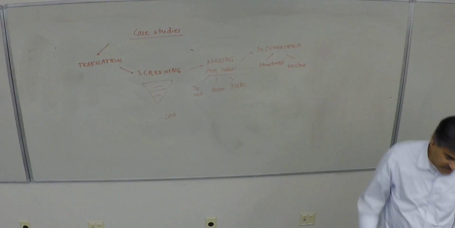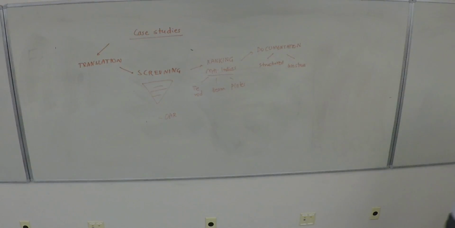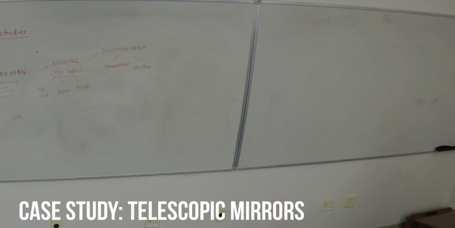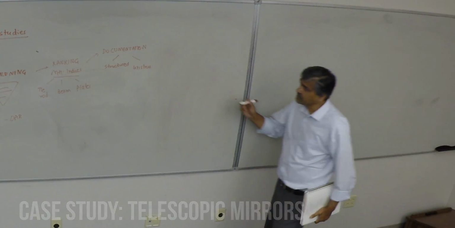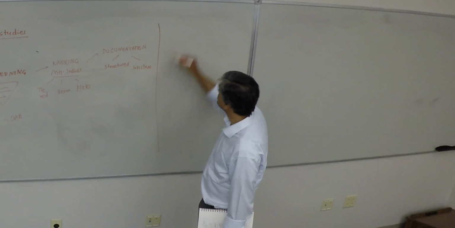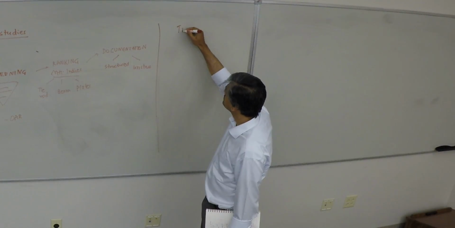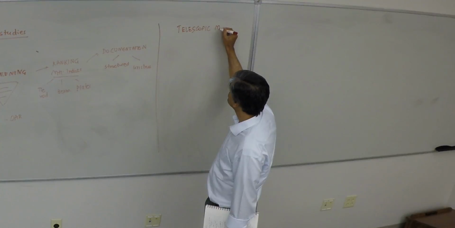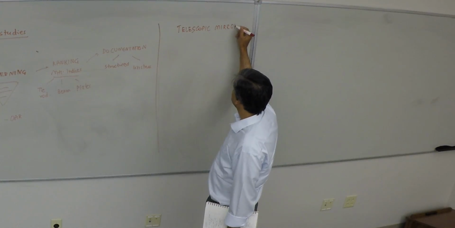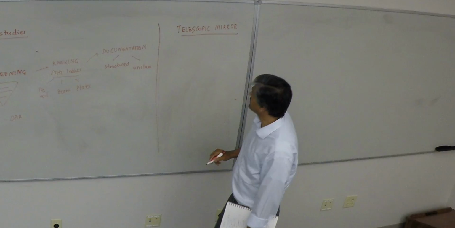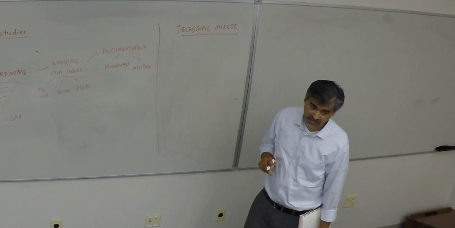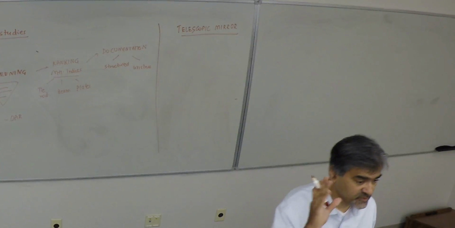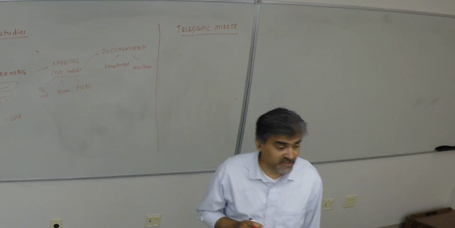This application is an interesting one. It's around very large telescopic mirrors, the mirrors you see at very large observatories, where people go up the mountains to do deep star and deep space exploration.